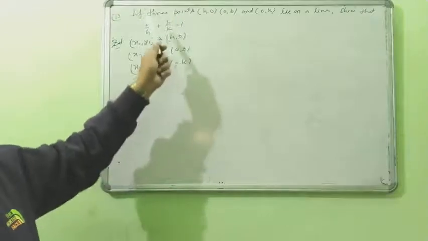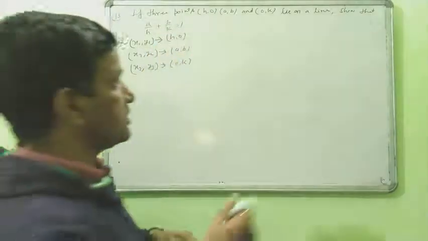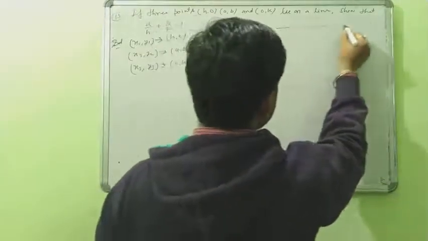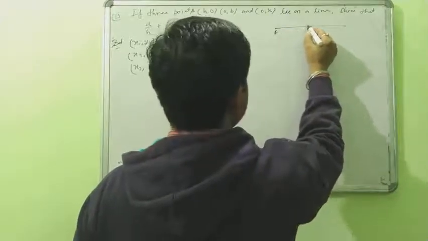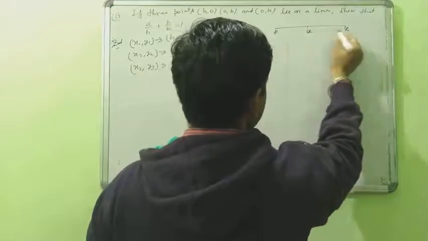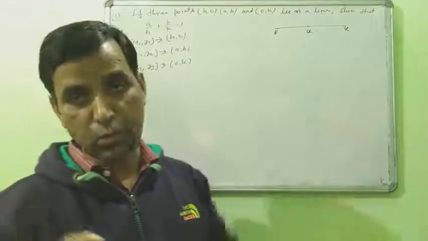Second thing, 3 points collinear means the 3 points come on a straight line. Suppose this is point P, this is Q, and this is R. These 3 points lie on a line. This means these 3 points are collinear points.